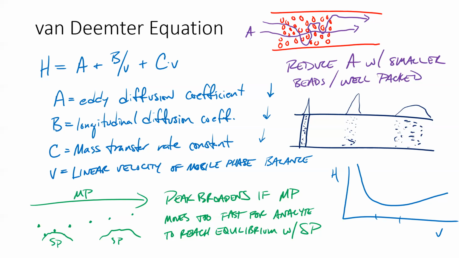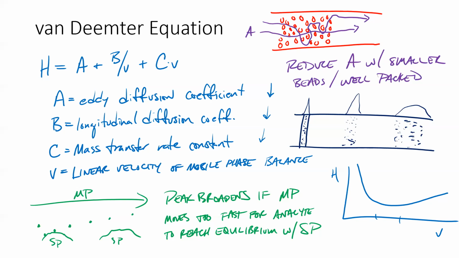This being said, this is why it's sometimes difficult for us to really change the width of our peaks, right? Changing A requires changing the column we're using. Right?